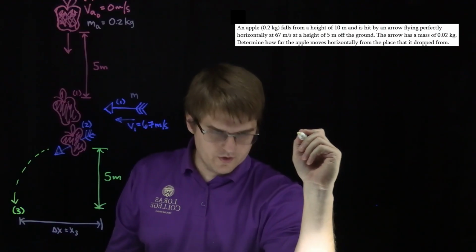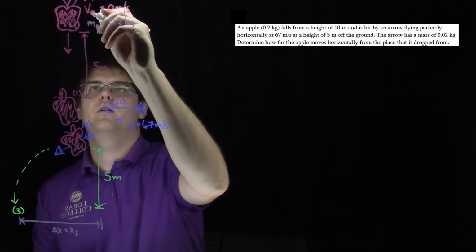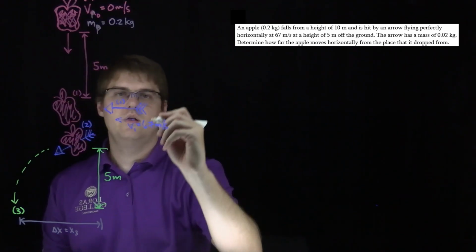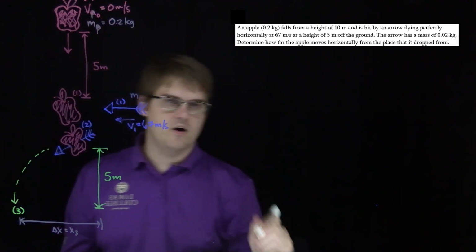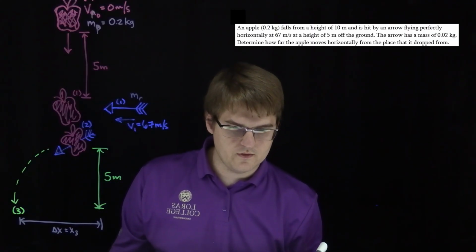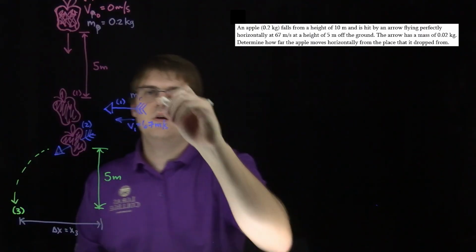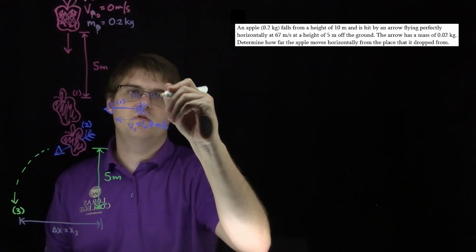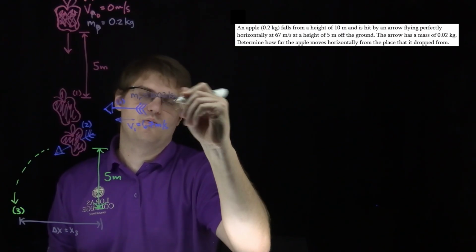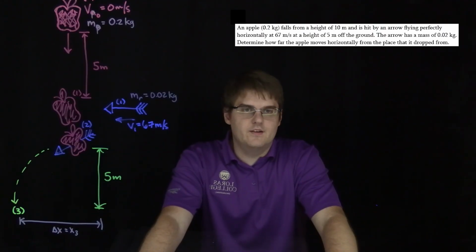I called the apple lowercase p, and the arrow lowercase r. I went with the second letter in my solution. So the mass of the arrow is a tenth of that, 0.02 kilograms. And where will they land?